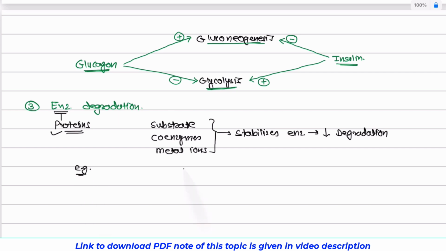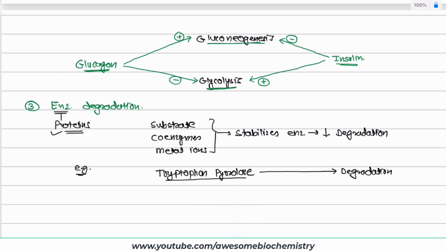Let's look at the example. As an example, we have the enzyme tryptophan pyrrolase. This tryptophan pyrrolase, just like any other protein, after its half-life is over, undergoes degradation. But the substrate of this tryptophan pyrrolase is the amino acid tryptophan.